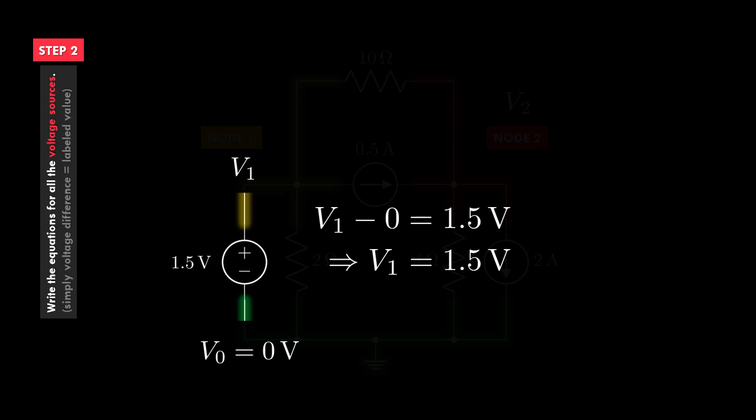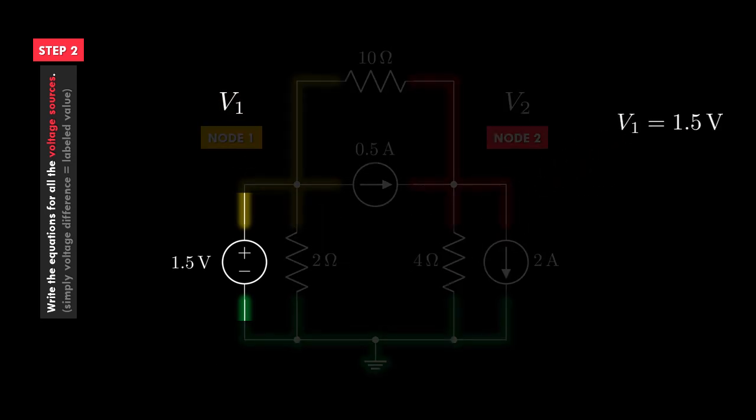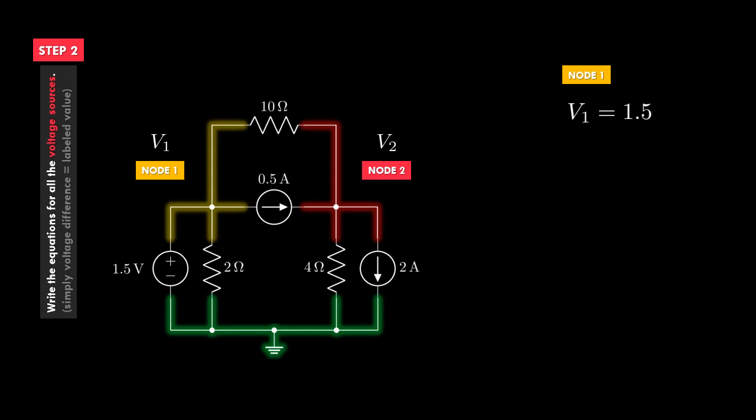Always remember, voltage difference should always be calculated as positive terminal voltage minus negative terminal voltage. So we already solved one of the node voltages. Since we already knew the voltage of one side was 0 volt, it was really easy to compute the other side as well. So that concludes our second step.